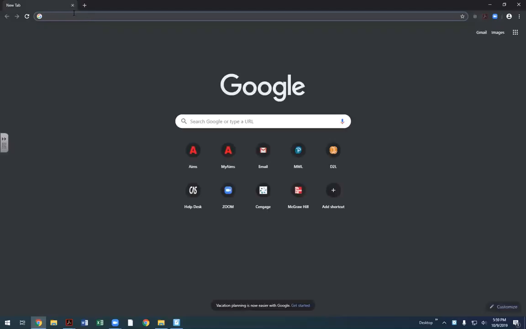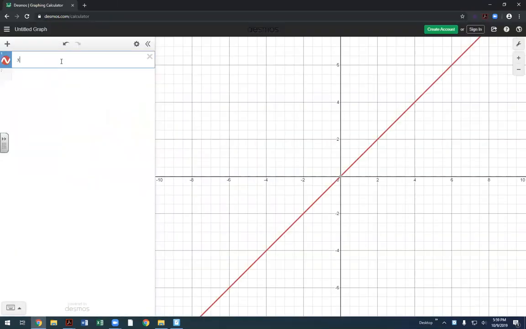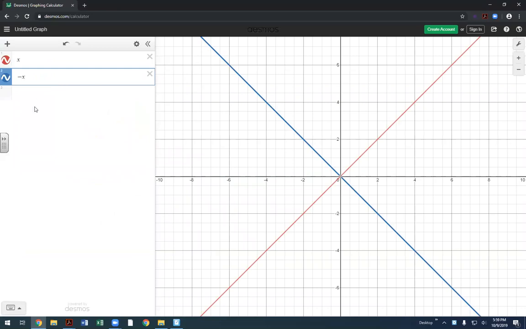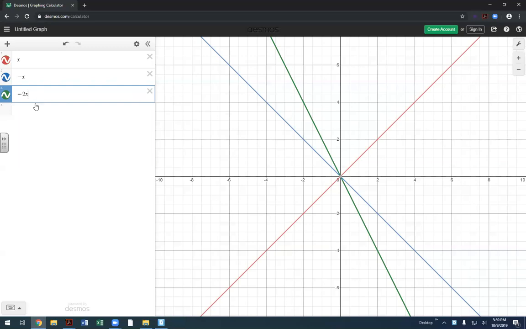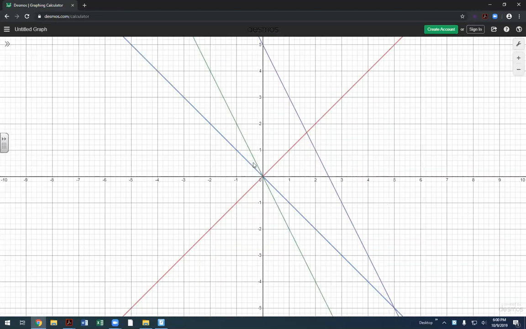So just to show you that on our graphing calculator, we started out with x, we did a reflection on that, right? Then we multiplied it by 2, so that gave us our stretch, and the very last part was adding that 5. So obviously between our last 2 lines, you should notice these lines are going to be parallel.